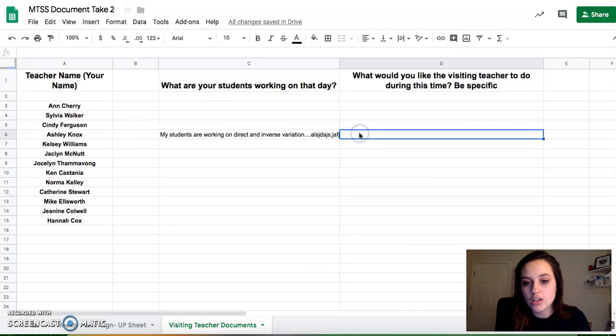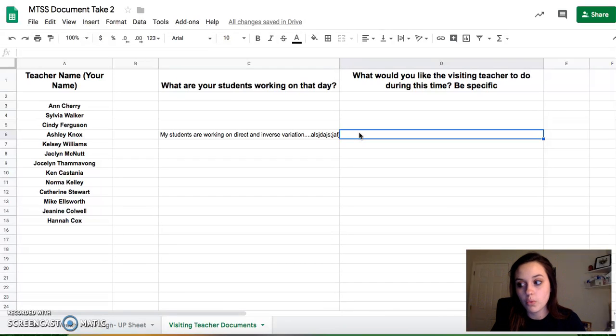And then I also have to type in what I want the visiting teacher to do. Please don't put walk around and help students. You should be preparing something for those teachers to do. Maybe numbers 1, 2, and 3 on the same worksheet that you're doing in class. It doesn't matter. They should be preparing something so that the teacher that's coming in knows exactly what they're doing.